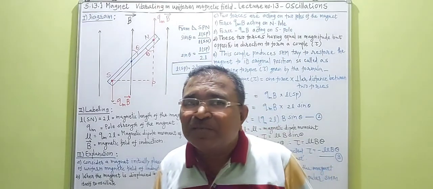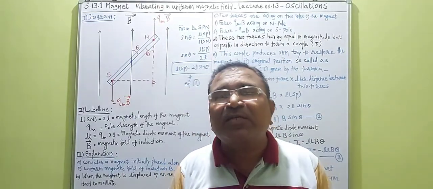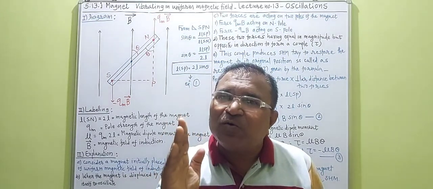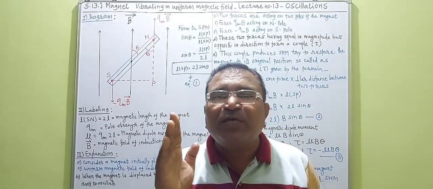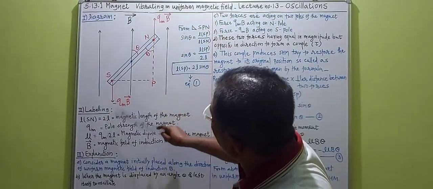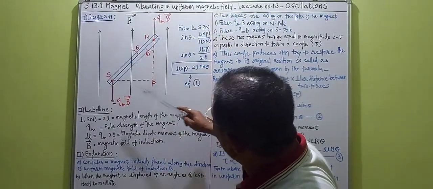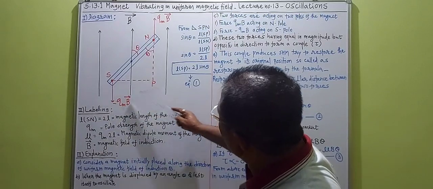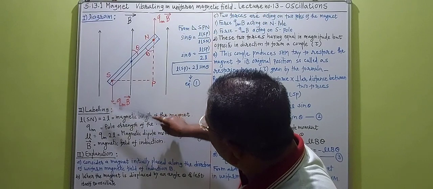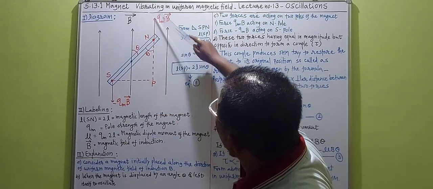The formula of restoring torque tau is equal to one force into the perpendicular distance between the two forces. So this is one force, this is another force. Extend this line below, extend this line horizontally. So SP is the perpendicular distance between minus QmB and plus QmB.